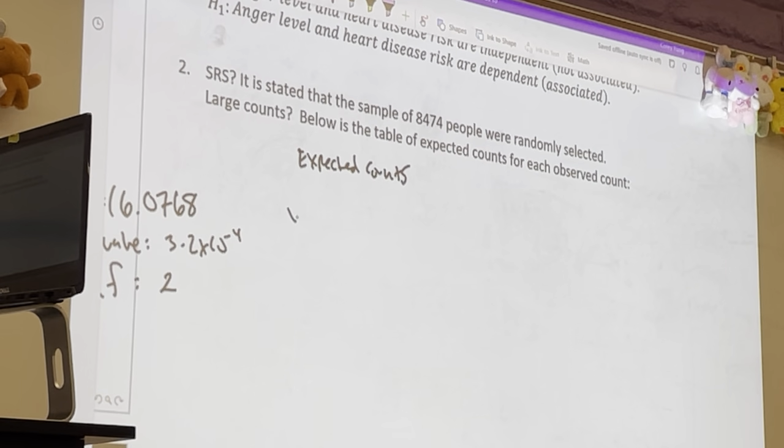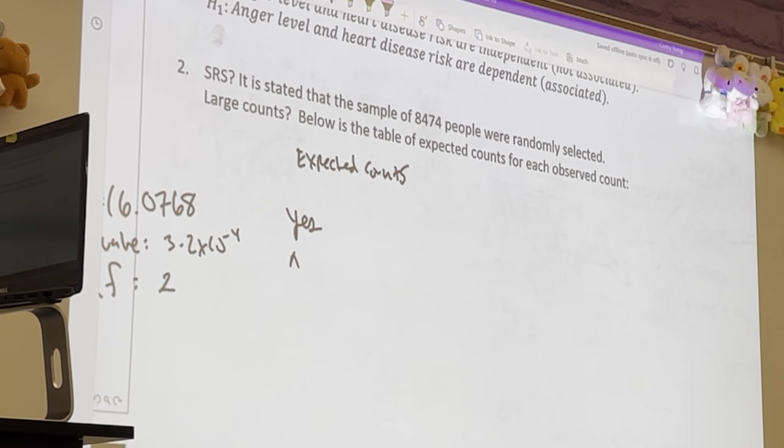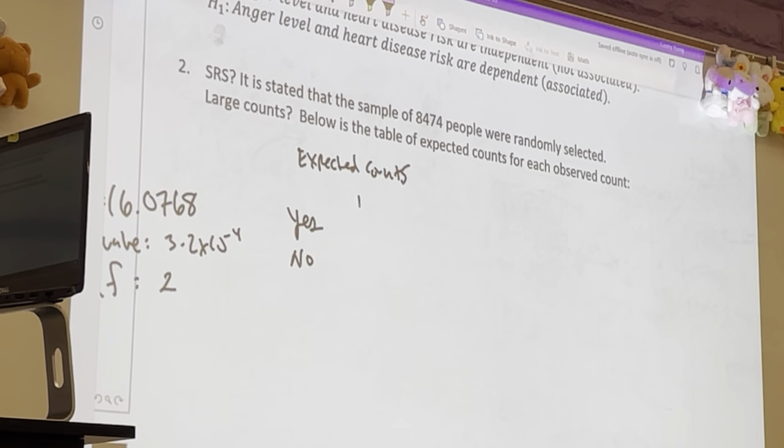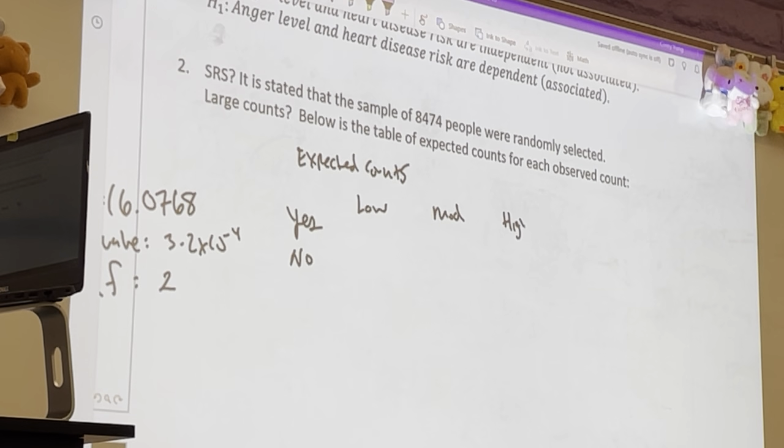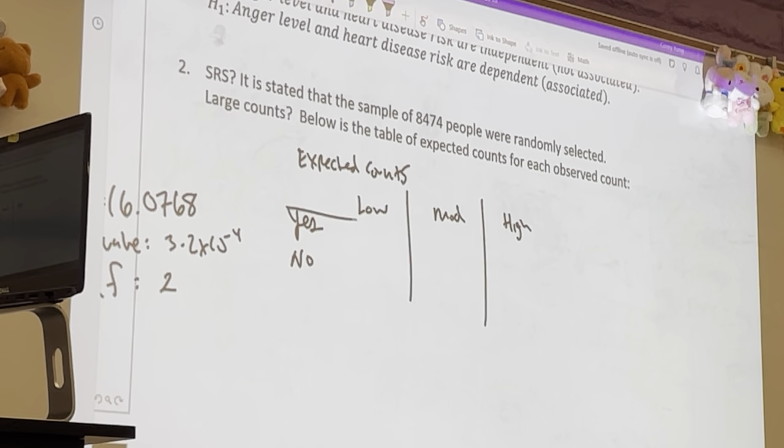Okay, so I'm going to recreate the table, yes, no, and then low, moderate, high. And I'm just going to create a 2 by 3 table as the original table was. And then I'm going to physically write out the expected counts.